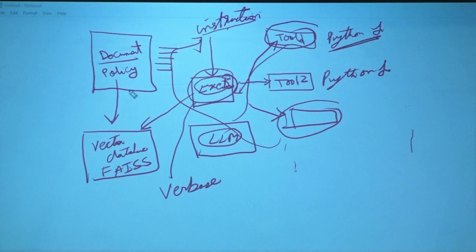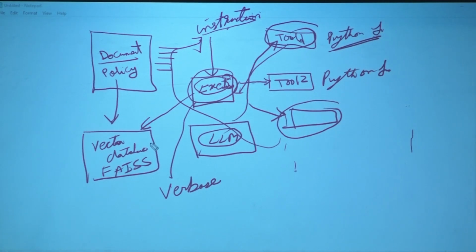So this is basically the flow which an executor implements using tools, LLMs, the vector database, generally using FAISS or something else, and basically gets a job done.